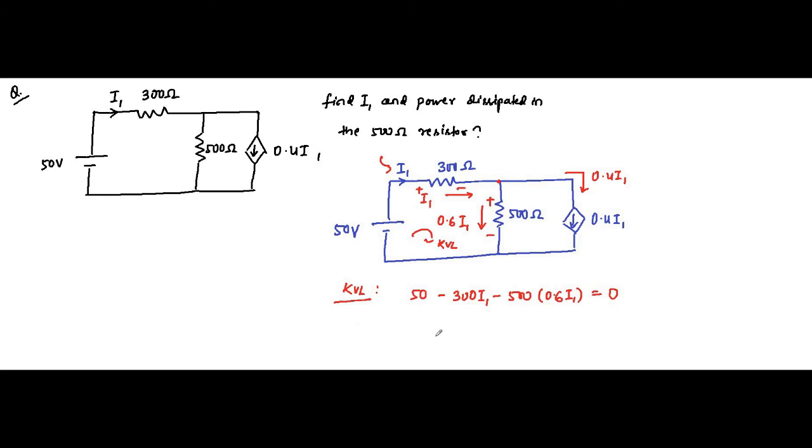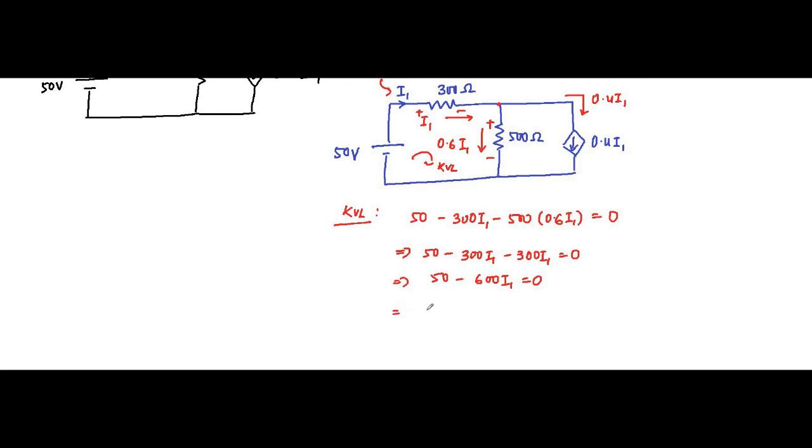That implies 50 minus 300 I1 minus 300 I1, since 500 into 0.6 is 300, is equal to 0. That implies 50 minus 600 I1 is equal to 0.